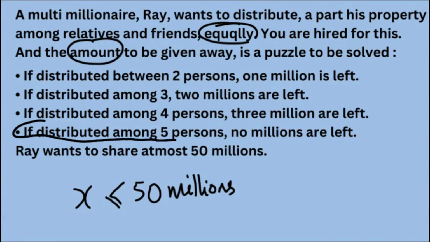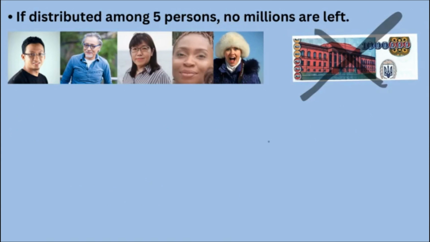If distributed among 5 persons, no money is left. In the picture, you see 5 persons and no money left. So they are given equal amounts of share and no money should be left.